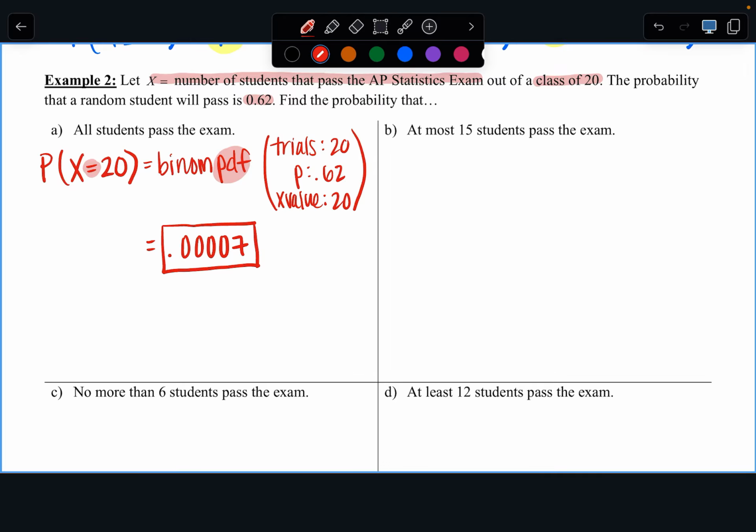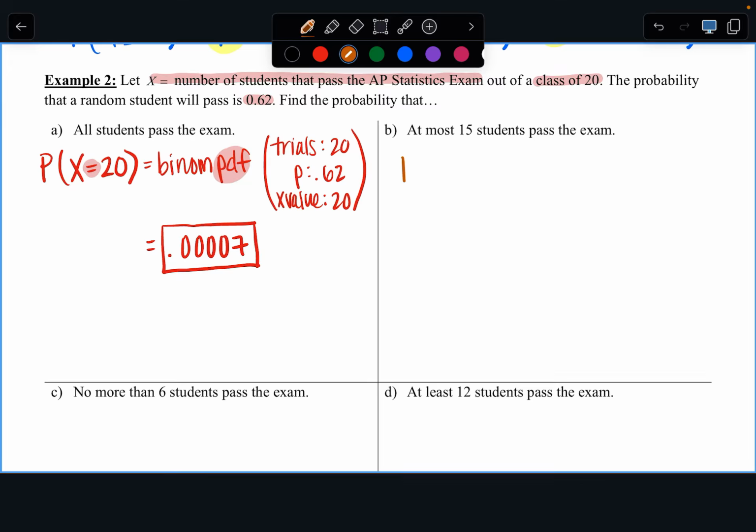Okay, now to get into some of the wording, because we've done one, you've seen what it has to be. It's really not going to change much from this, but the wording of the question can be kind of tricky. If I say at most 15, does that include 15? Yes, it does include 15.